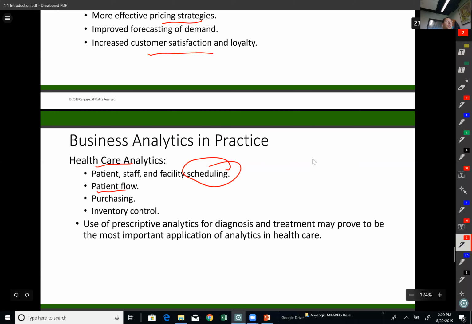Patient flow, for example, is so important. There are also facility layout problems: how should I locate my rooms, and how close should they be, and things like that. And purchasing and inventory decisions, so quality of the drugs, and how often should I replenish my stocks so that the drugs won't go bad, or I will satisfy the customer or patient needs. So those are important decisions in healthcare.